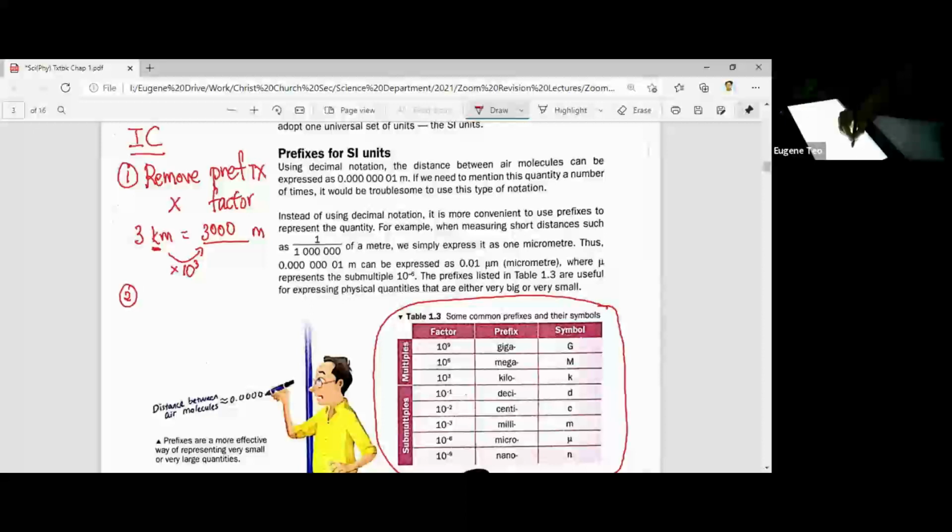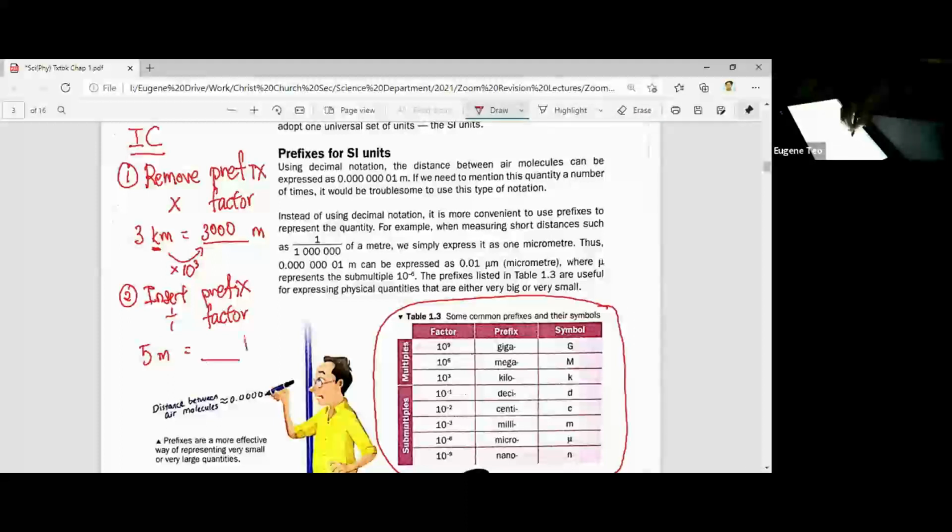The next important concept you need to know is how to insert a prefix. To insert a prefix, you need to divide by the factor. Let's look at the same example again, but this time we use 5 meters.